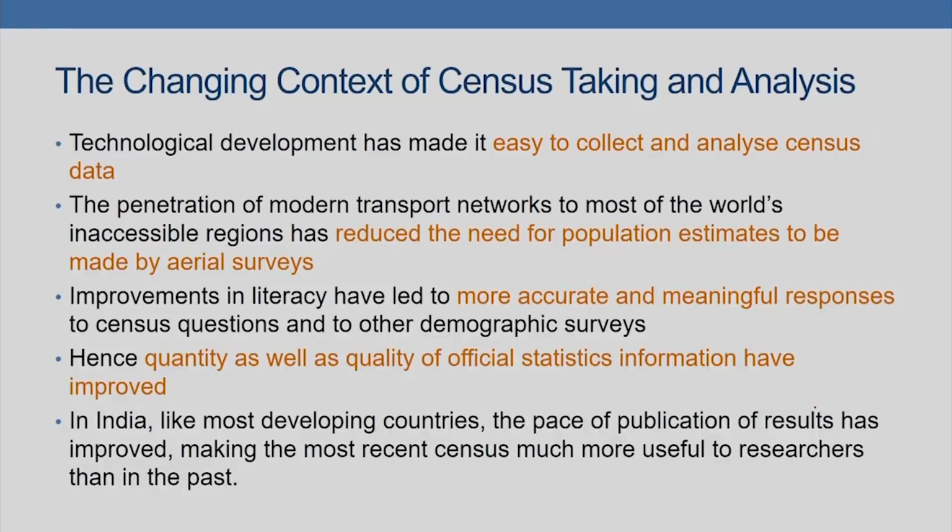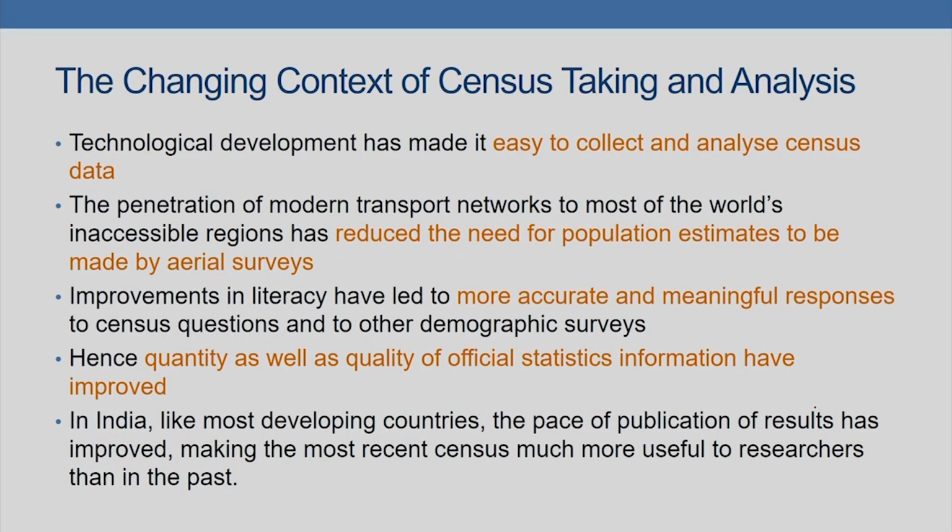But it is also important to understand the changing context of census taking and analysis with regard to various other issues. Technological development has made it easy to collect and analyze census data. We have software that helps us analyze the data much better and put it out in the public domain with a smaller time gap.